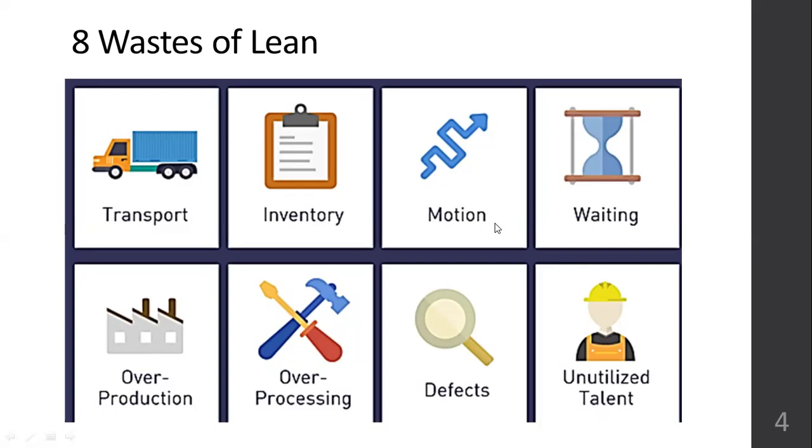For example, in a hospital, just to get a discharge summary ready, a staff nurse may have to go to three different floors, to three different departments, to get something signed or sealed. The staff is moving so much just for one discharge.